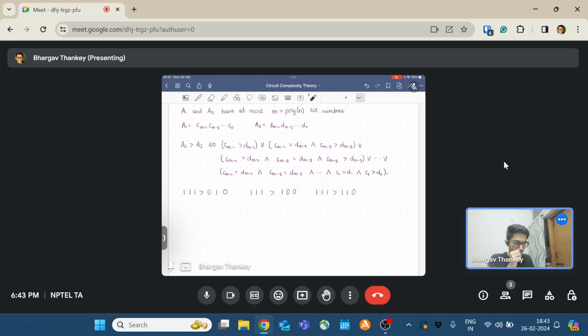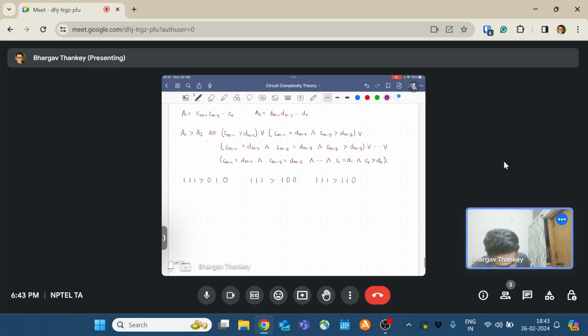Okay, so now we want to compute this in NC1. So we have m many brackets.